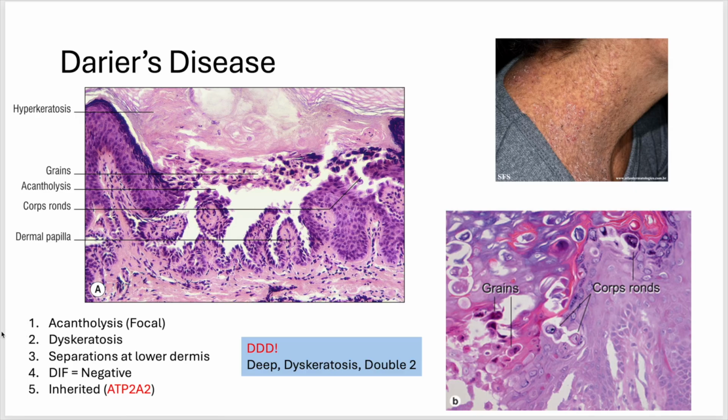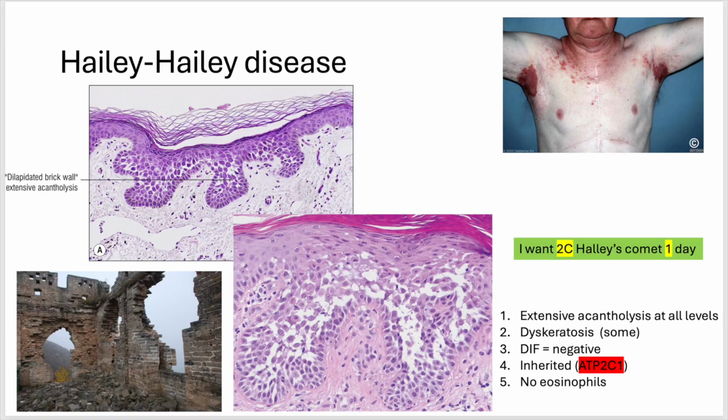And the next disorder is Hailey-Hailey disease. This is also an inherited disorder, but through a mutation, no longer ATP2A2, but ATP2C1.